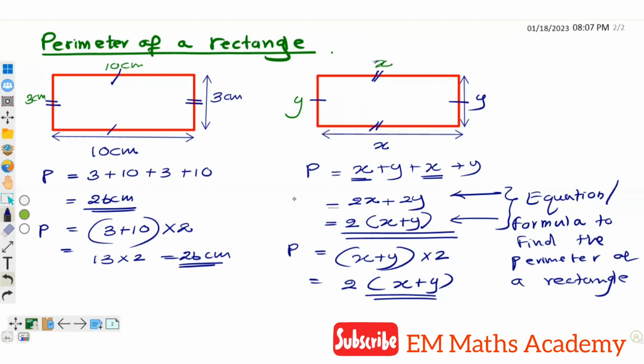But actually, if we know the meaning of what we have to do to find the perimeter of a particular plane figure, then there is no need to remember these formulas. You just have to remember that you have to sum up all the lengths of the given figure to find the perimeter.